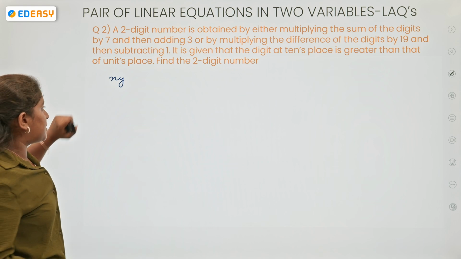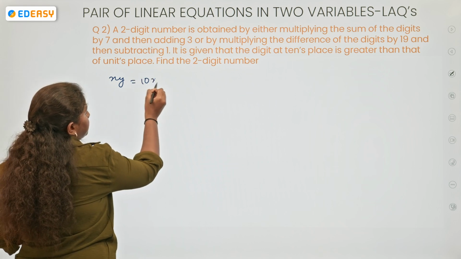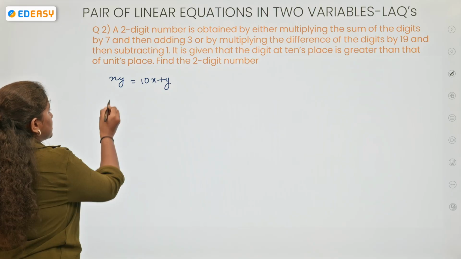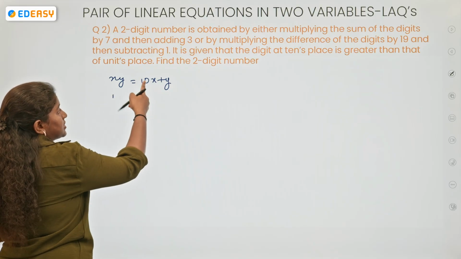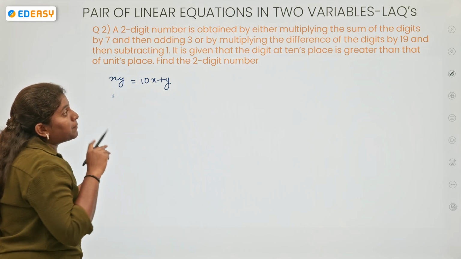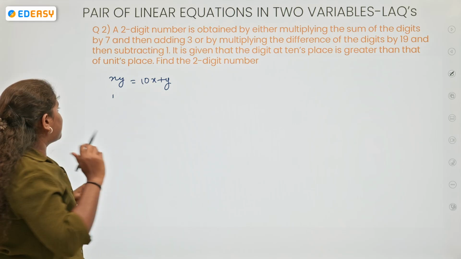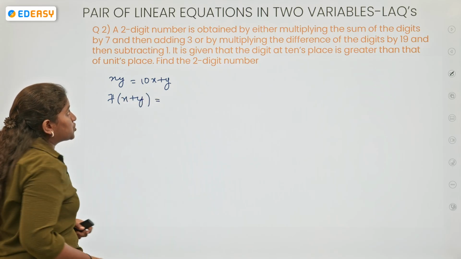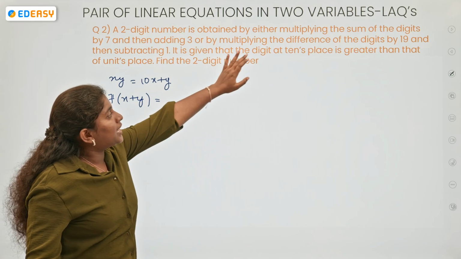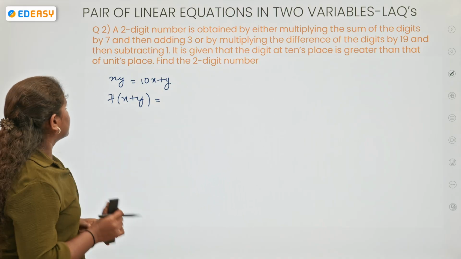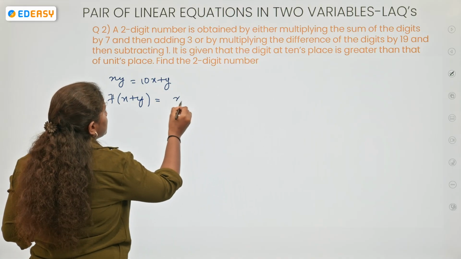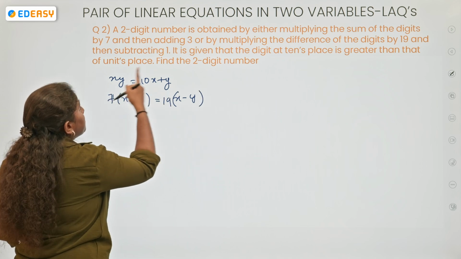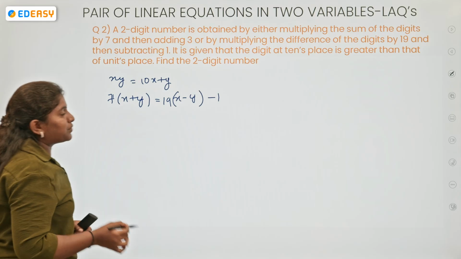We can obtain this number, that is 10x plus y, by multiplying the sum of digits by 7, which means 7 into (x plus y), or by multiplying the difference of digits (x minus y) by 19 and then subtracting 1. So from this I need to subtract 1.